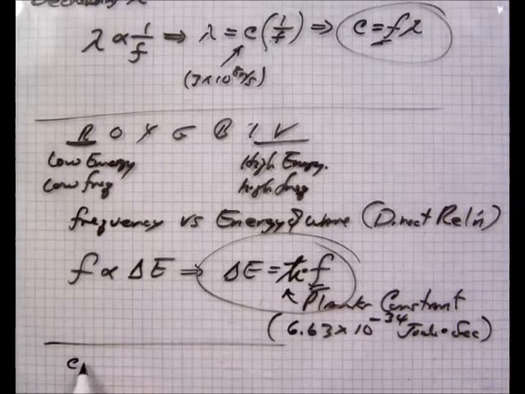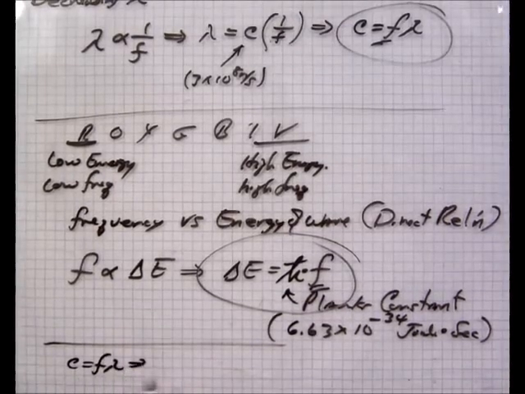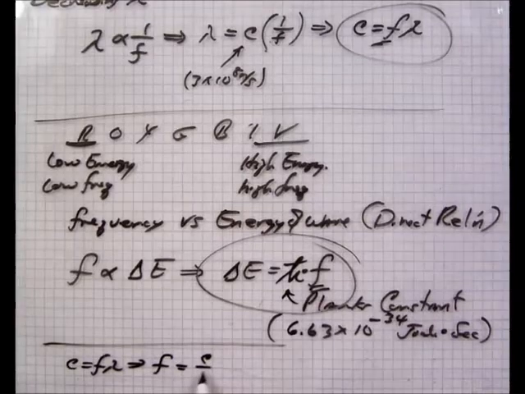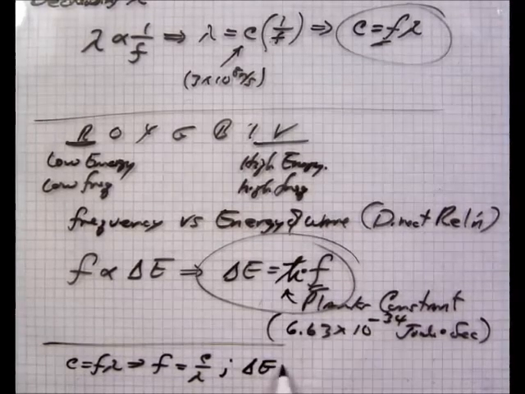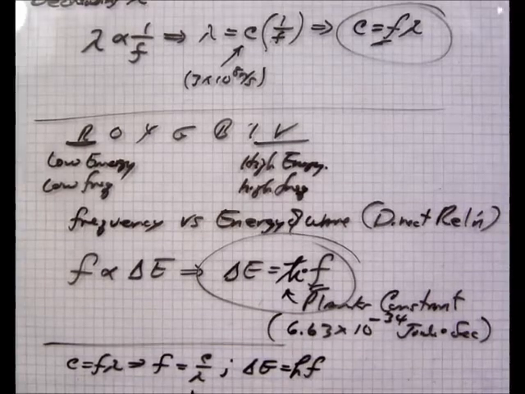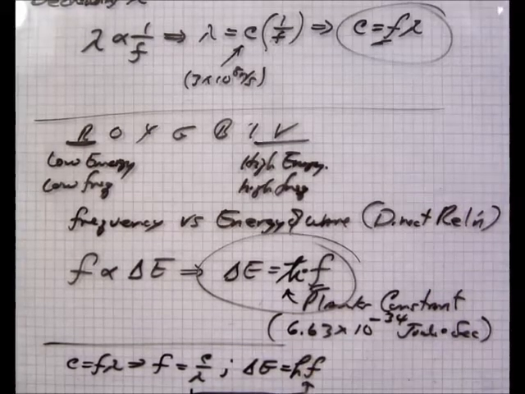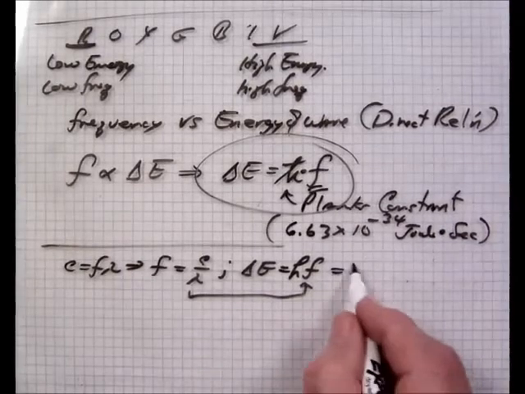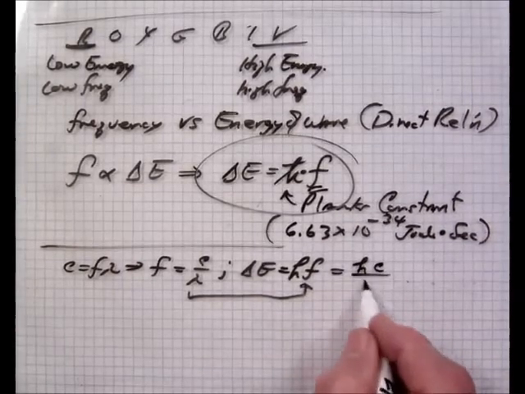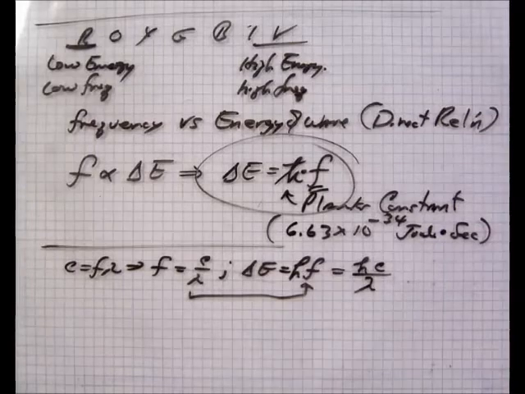If C equals F times lambda, we can solve for frequency: C over lambda. And if delta E equals H times frequency, I can substitute into the equation and I'll have HC over lambda. I just write it out, HC over lambda.